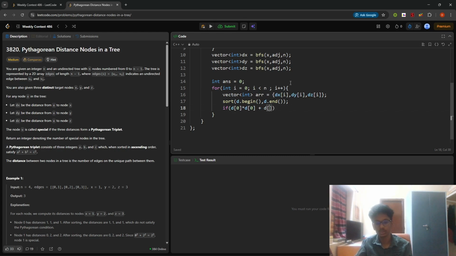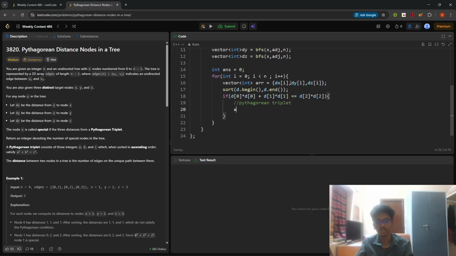Just the Pythagorean triplet condition. If this is true, that means it's a Pythagorean triplet. In that case, you will do answer plus plus. At the end, just return answer.